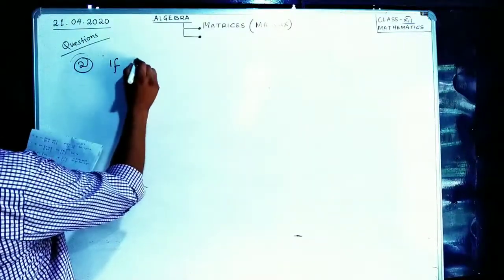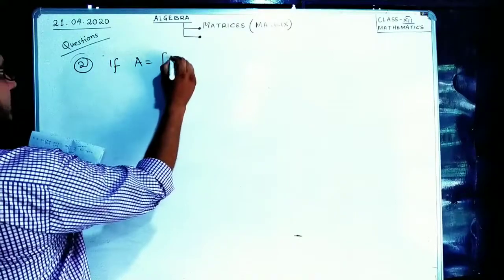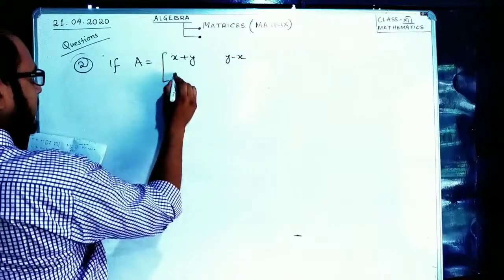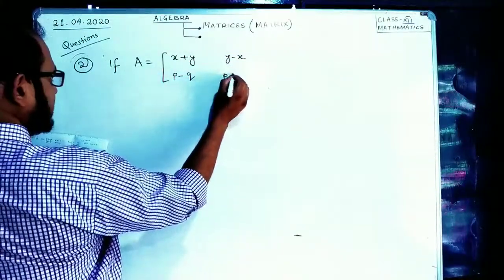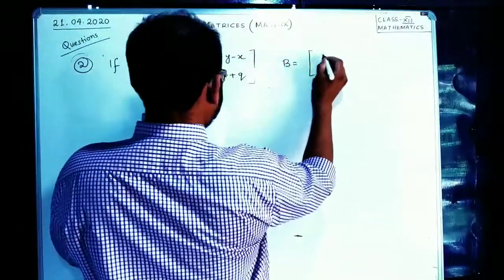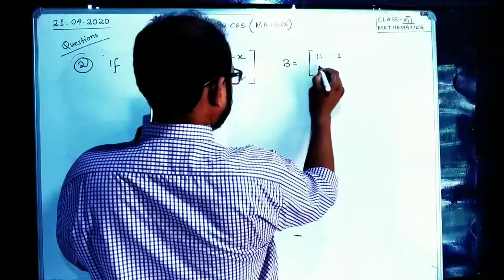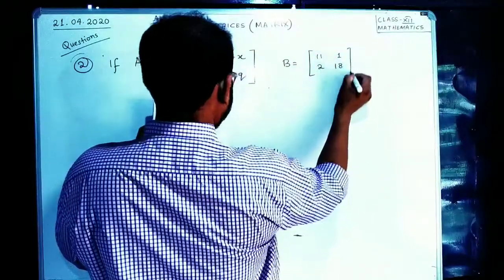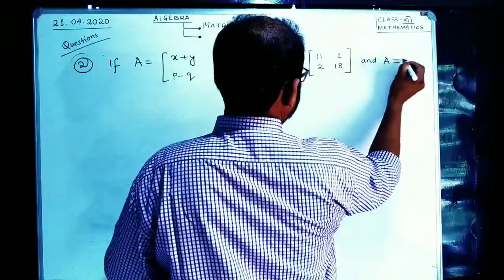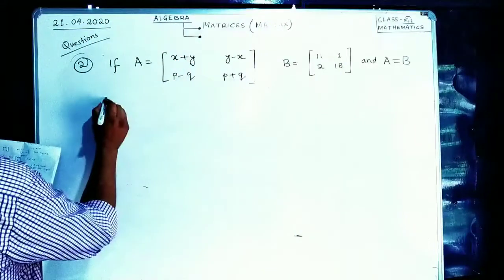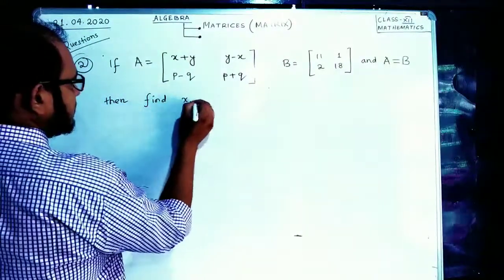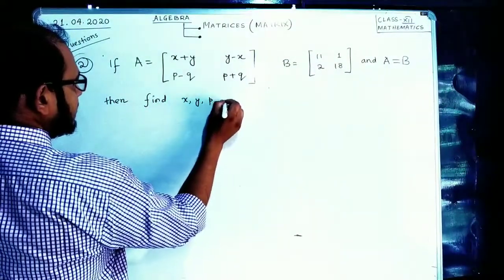If A equals the matrix x plus y, y minus x, p minus q, p plus q, and B equals 11, 1, 2, 18, and given A equals B, then find x, y, p and q.